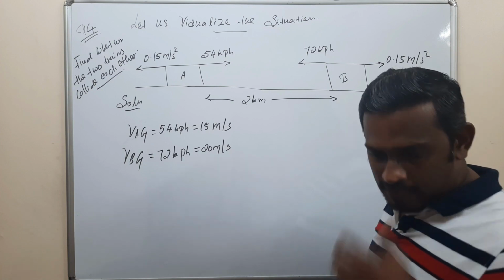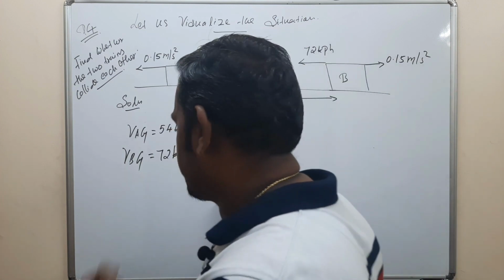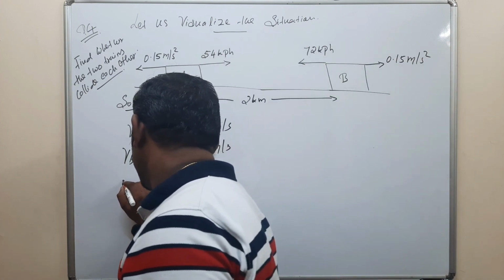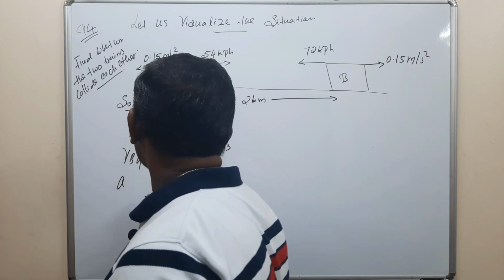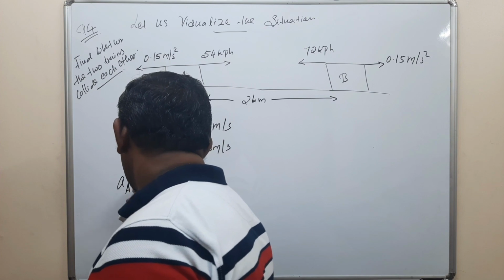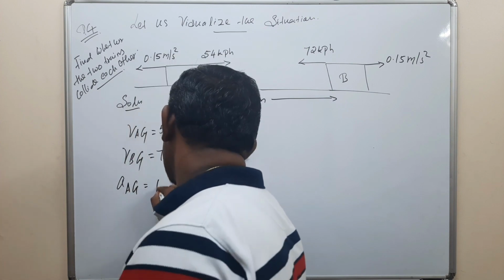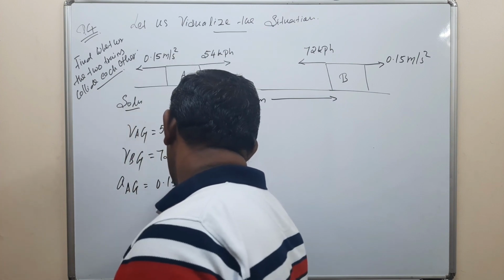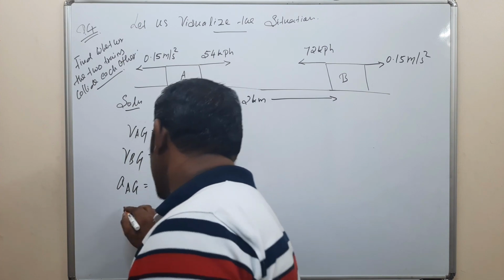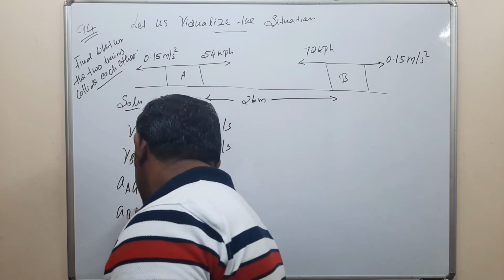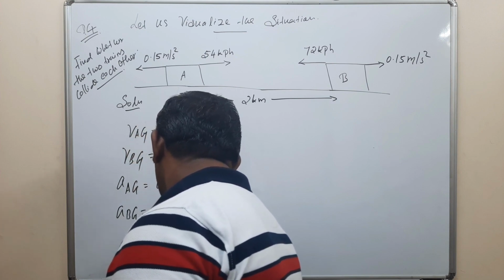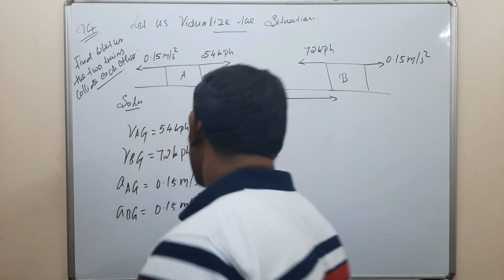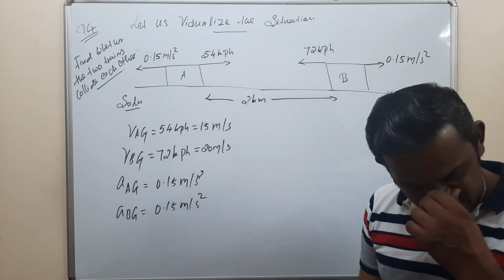So acceleration of train A with respect to ground is 0.15 meter per second square. Acceleration of train B with respect to ground is 0.15 meter per second square.